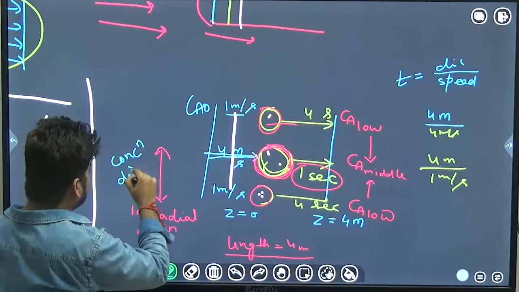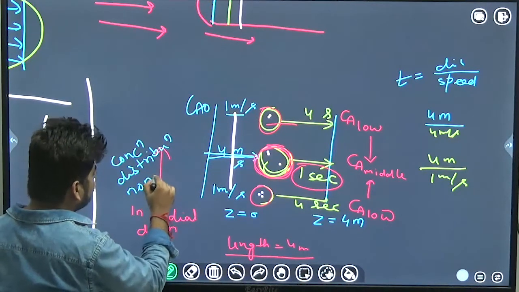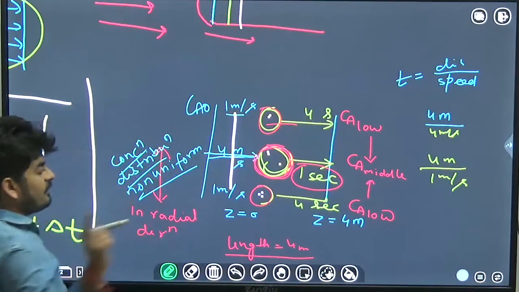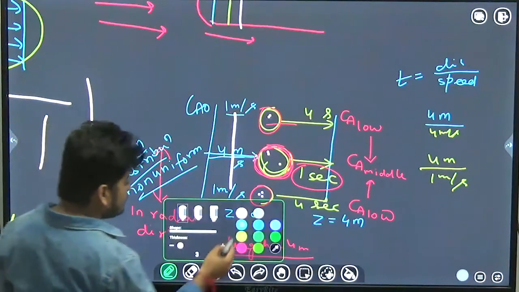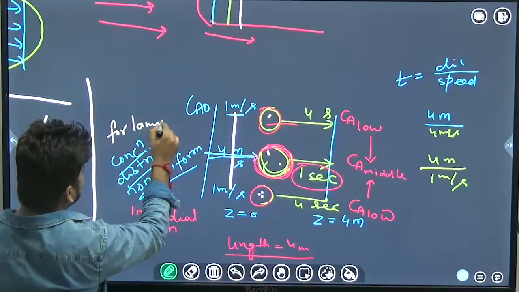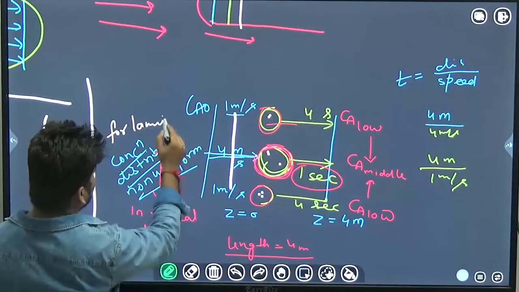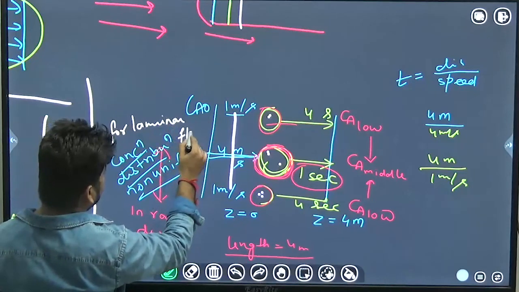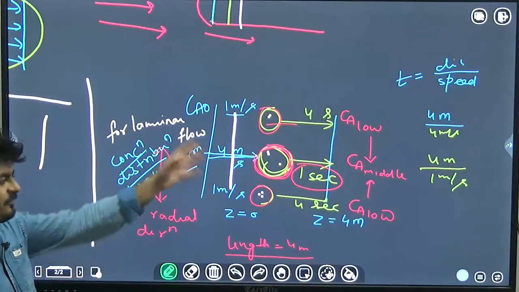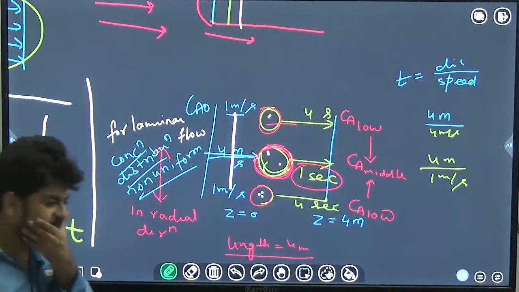The velocity profile is laminar. For laminar flow, we have seen that in the radial direction, concentration distribution will be non-uniform.